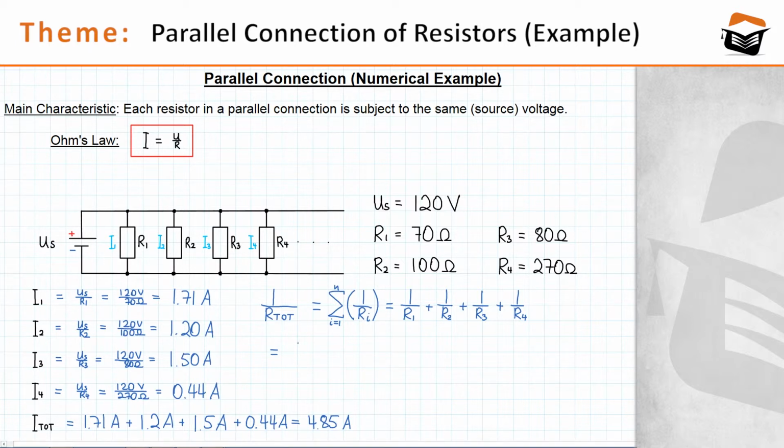So 1 over 70 ohms plus 1 over 100 ohms, and writing down the value into the denominator first makes sense because that way you can estimate how much space you need for your horizontal bar.